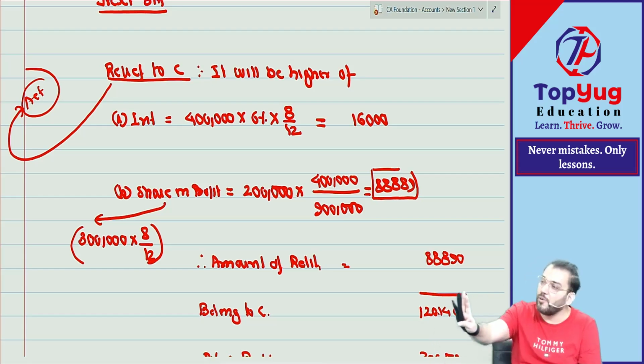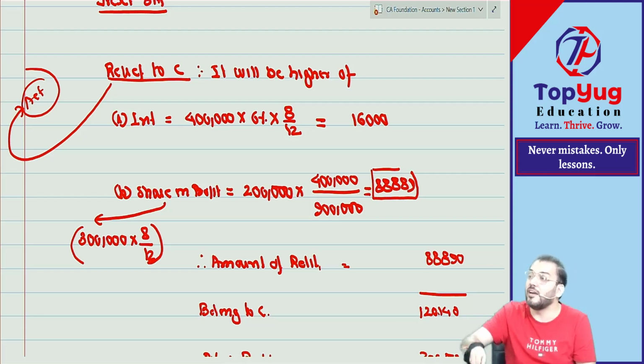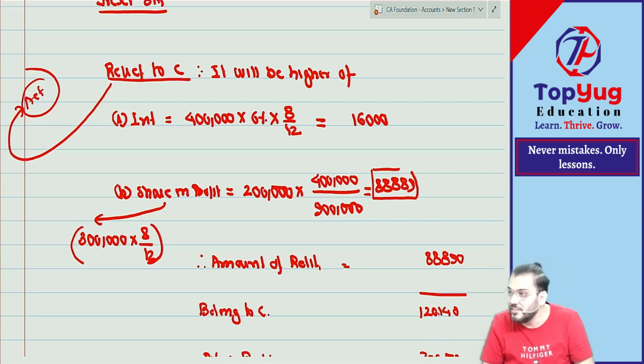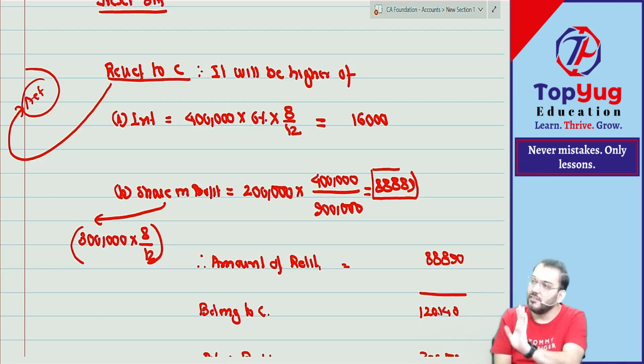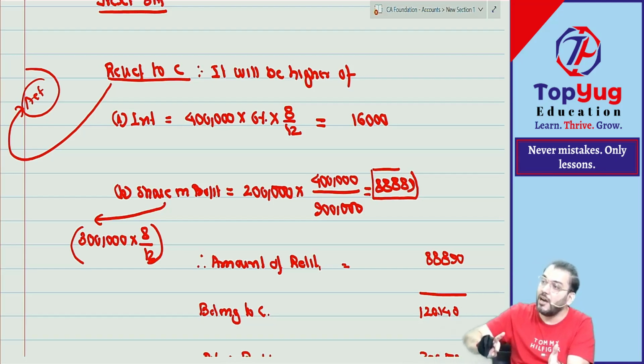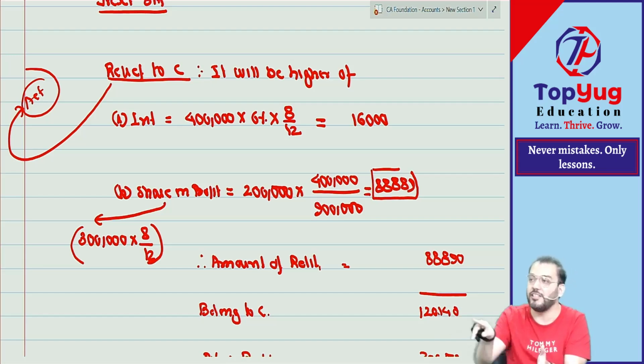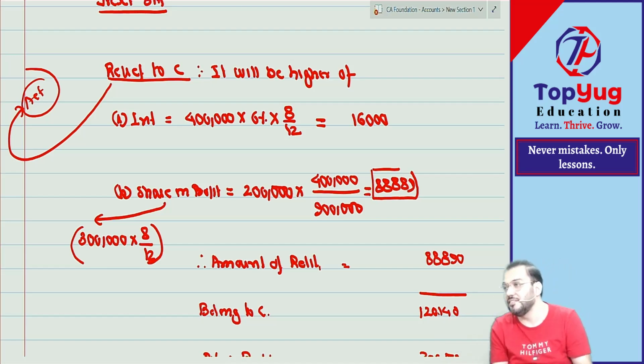The 4 lakh is nothing but a loan taken from the partner's executor, so of course some interest will be given. Either you give interest or you give profit share. Relief will always be the higher one because the government thinks from the point of view of the exploited person.